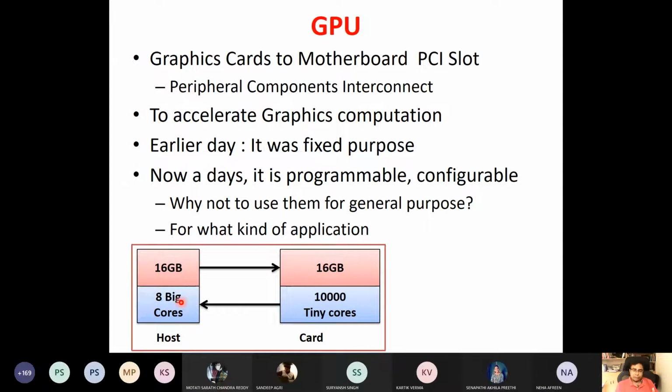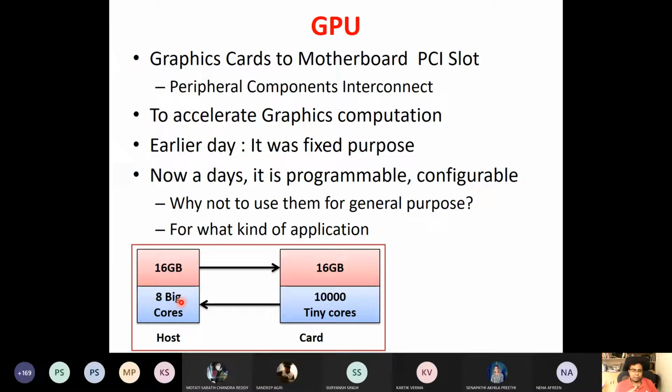So whenever you want to do some computation on the GPU, what do you need to do? You need to send data from the host to the card, do the computations, and get the result back onto the host. This is the standard way. But nowadays, recently, people have started sharing address space also. In general, though, it is not shared.